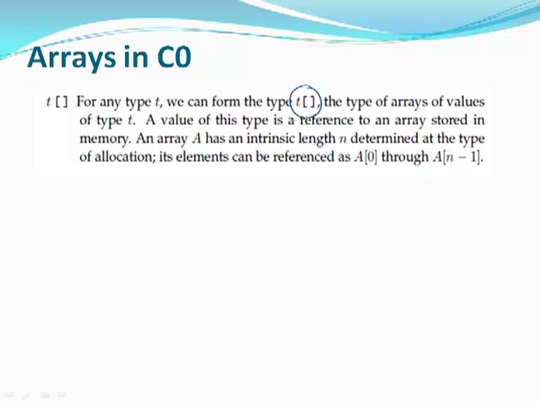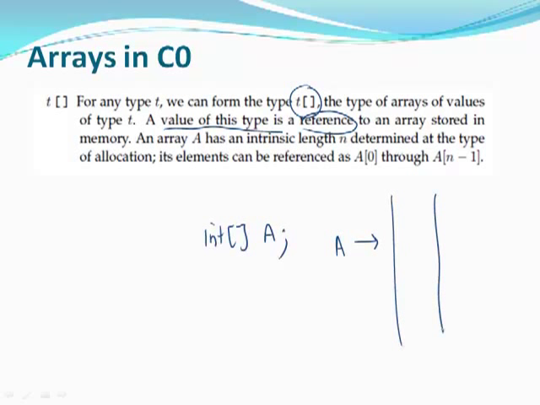Like, for example, you can say integer array A is defined as an array of integers. So a value of this type is a reference. When we define this, what we are saying is that A is some reference to some memory address, although we haven't allocated the memory yet.